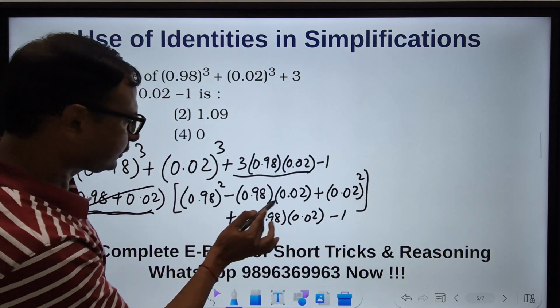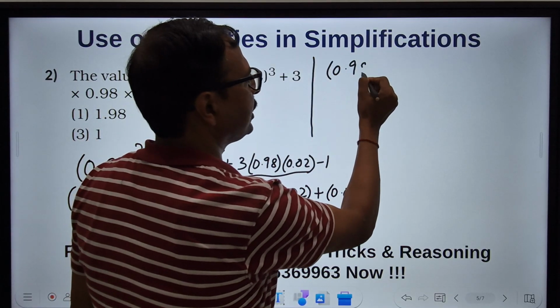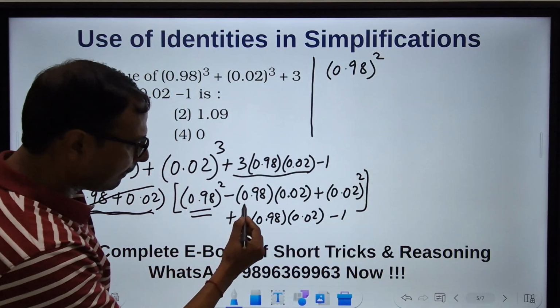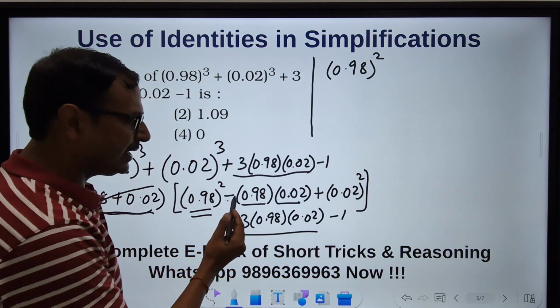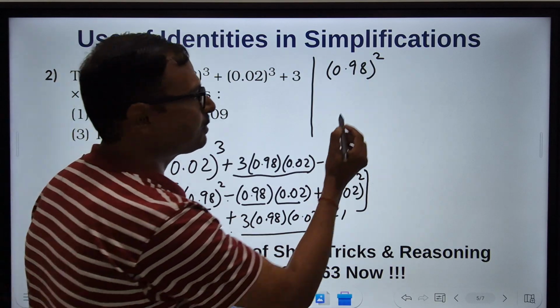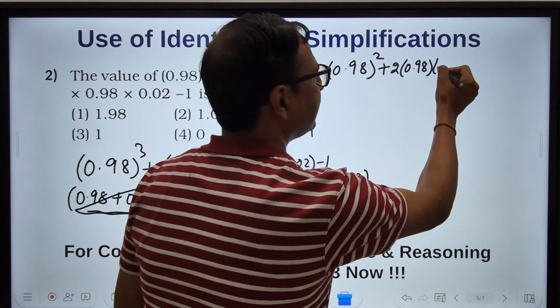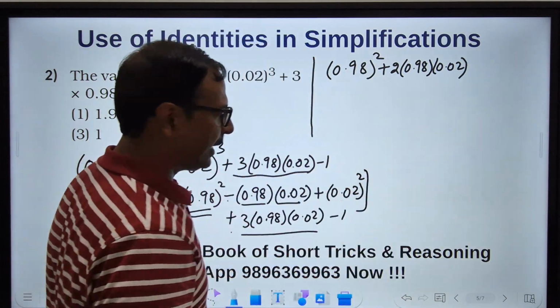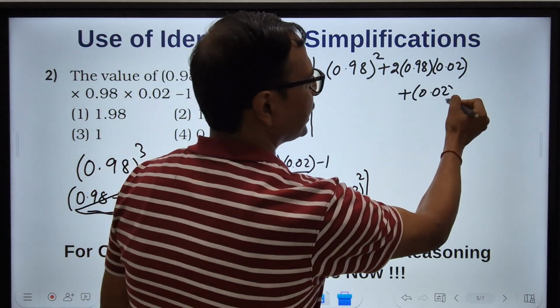Now look at this term. Here we have a whole square, so 0.98 whole square, and then minus ab and plus 3ab. Minus ab plus 3ab is plus 2ab. So I am going to write it like this, plus 2ab, and then finally plus 0.02 whole square.